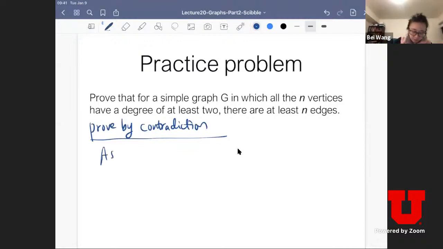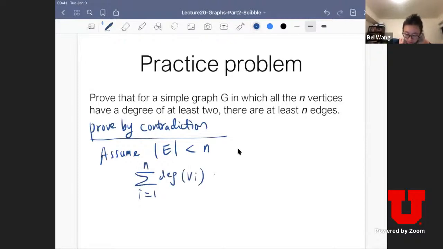We want to prove the number of edges is at least n, but now let's assume the number of edges is smaller than n. Okay, and then this leads to some contradiction. Because the number of edges is smaller than n, and in the previous theorem, we know that the sum of all the degrees of vertices is equal to 2 times the number of edges.